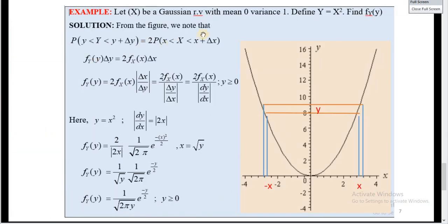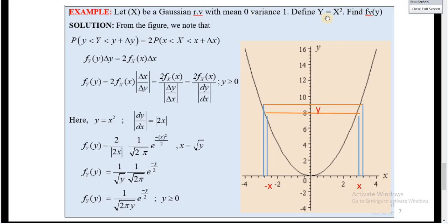We have another example. Let x be a Gaussian random variable with mean 0 and variance 1. Define y equals x squared. We need to find the density function of y.